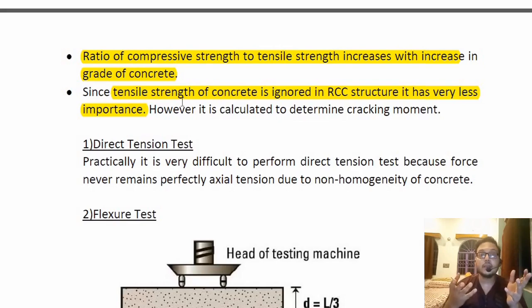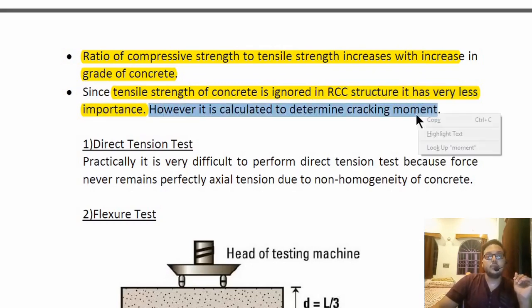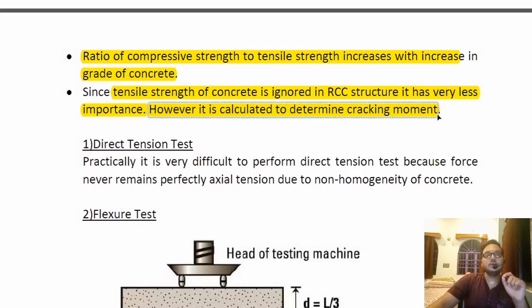So that tension part will be taken up by the reinforcement, and there is no use of considering the tensile strength of concrete. However, it is calculated to determine the cracking moment. So if you want to determine the cracking moment, then we use the tensile strength of concrete.